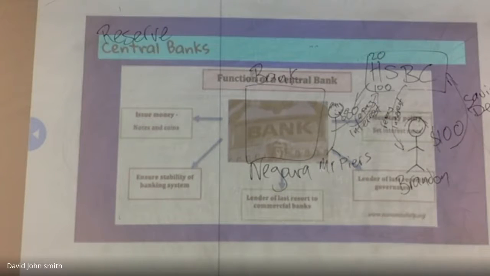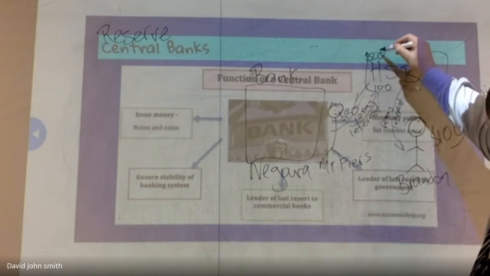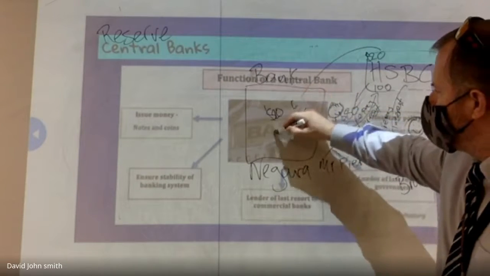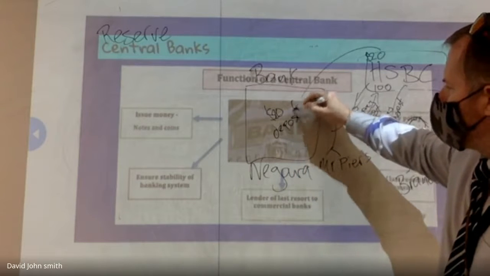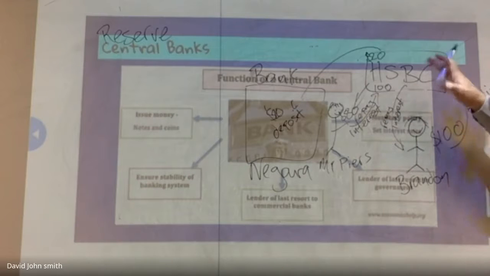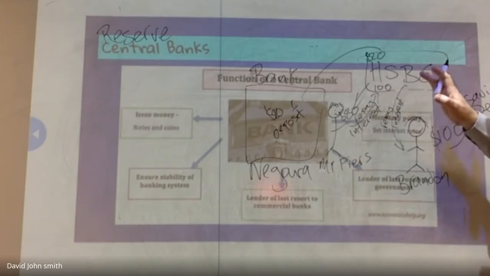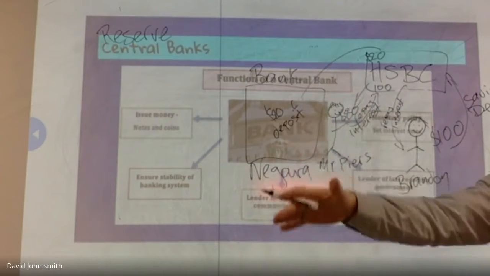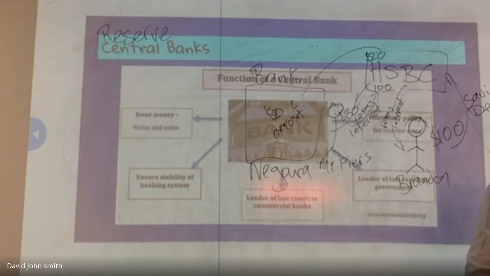So what HSBC can do is take that $20 and deposit it there. They can hold that $20 in reserve and then deposit that $20 in the reserve bank. Hence the name.